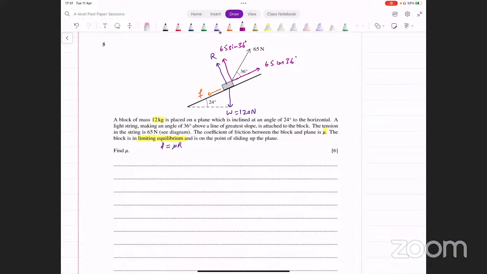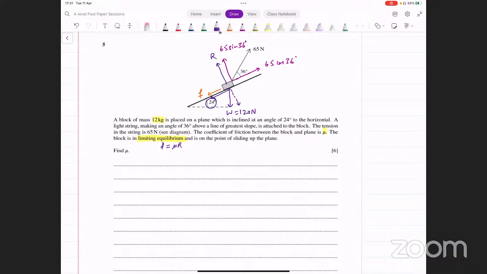Okay. Similarly, weight is also not parallel or perpendicular to the surface. तो इसको भी आपको resolve करना पड़ेगा. इसके components कैसे आएंगे? एक component इस side पर होएगा और दूसरा इस side के ऊपर.